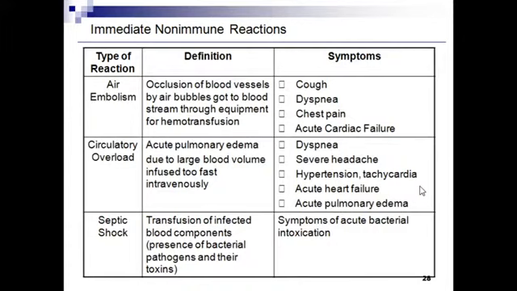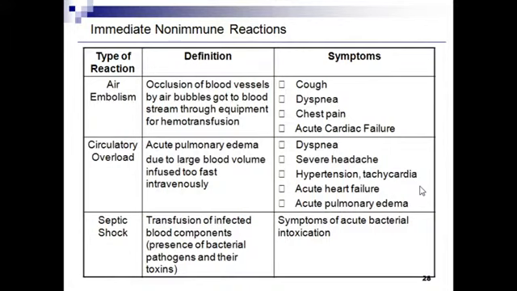Type of reaction, air embolism, is occlusion of blood vessels by air bubbles that got into the bloodstream through the equipment of hemotransfusion. Clinically manifested with cough, dyspnea, chest pain, and acute cardiac failure. Circulatory overload, second type of reaction, is acute pulmonary edema due to a large blood volume infused too fast, intravenously.